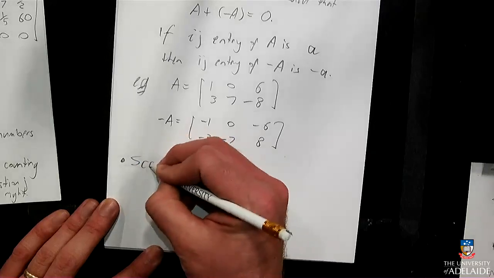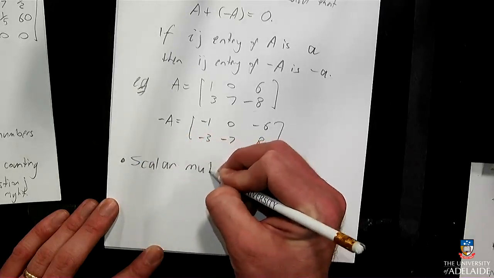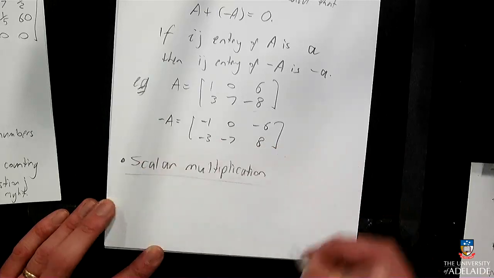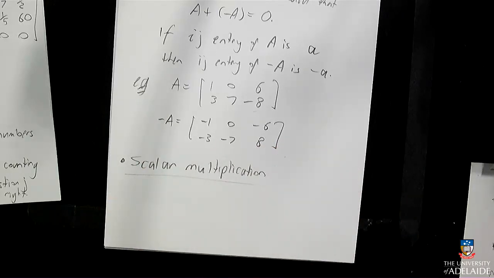So this is called scalar multiplication. The word scalar is a fancy word for a number which scales something. When you multiply by 7, you make it 7 times bigger. And you can imagine that being a scaling, changing the scale of a map. That's where it came from.